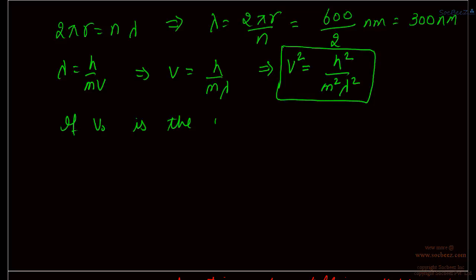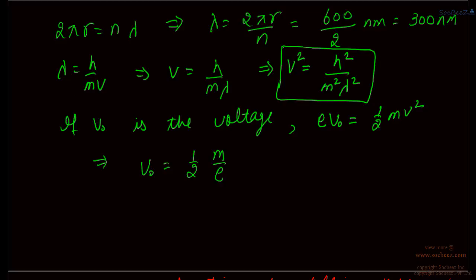Now, if V naught is the voltage, then eV naught should be equal to half mv square. This implies that V naught equals half m upon e into h square upon m square lambda square.